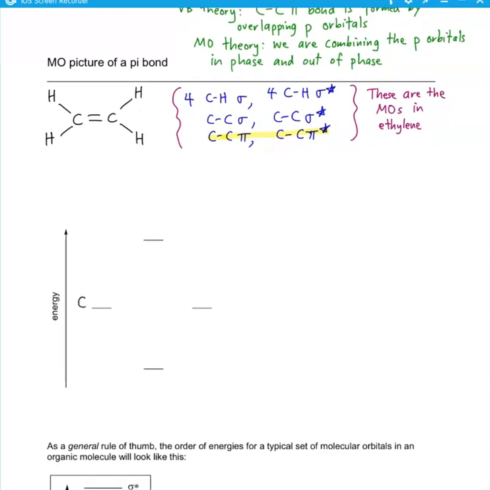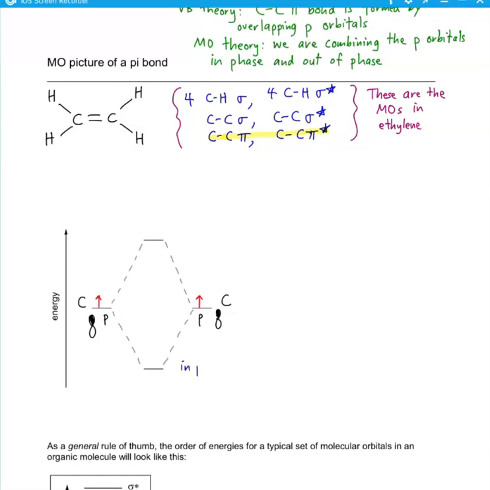So each of the carbons is using a p orbital to participate in that pi bond, and each of those p orbitals has a single electron in it. The 2 p orbitals are going to mix in phase to give us a bonding result, and out of phase to give us an antibonding result.